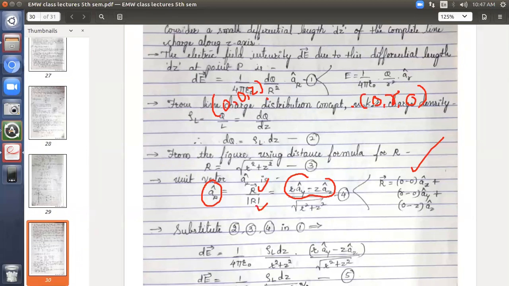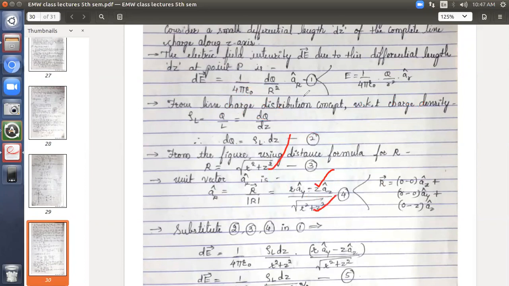Subtract: 0 minus 0 into ax plus r minus 0 into ay plus 0 minus z into az. This is the vector we get. The first term will vanish, so you will be left with r ay minus z az as the vector. The magnitude we have just calculated, and I will use it as it is.